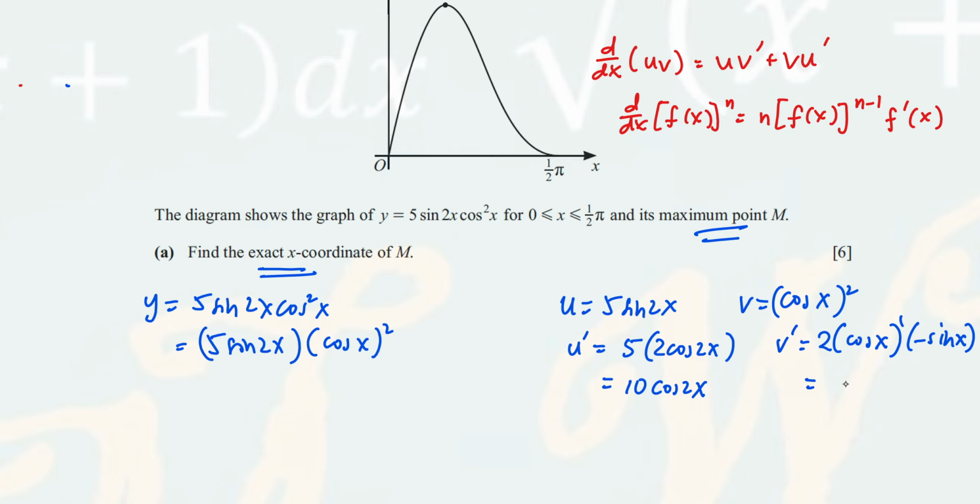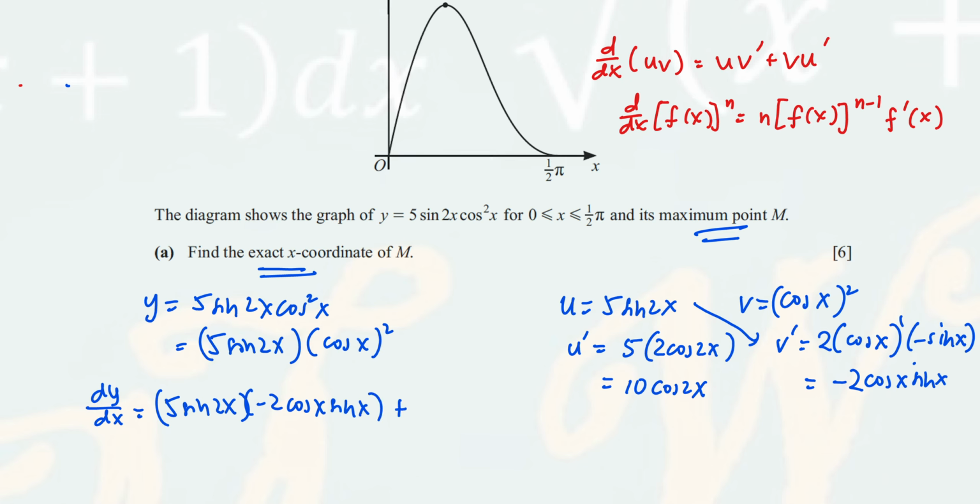So when you simplify, this is minus 2 cos x sin x. And now I will write my dy/dx equals u v prime, so 5 sin 2x times minus 2 cos x sin x, plus v u prime, cos square x times 10 cos 2x.